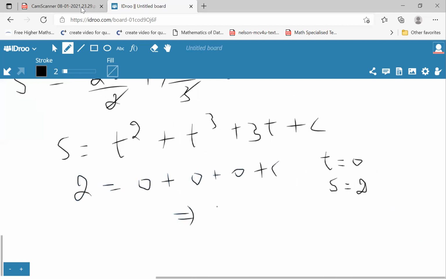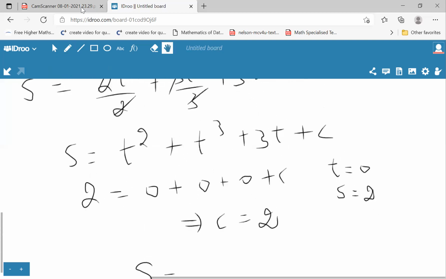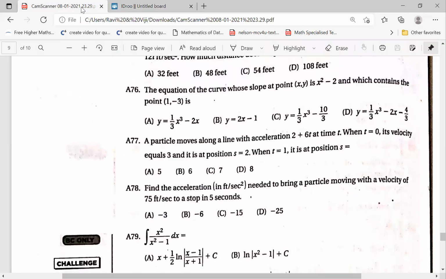Or this implies c is equal to 2. So therefore, we can say that the position s is equal to t squared plus t cubed plus 3t plus 2.